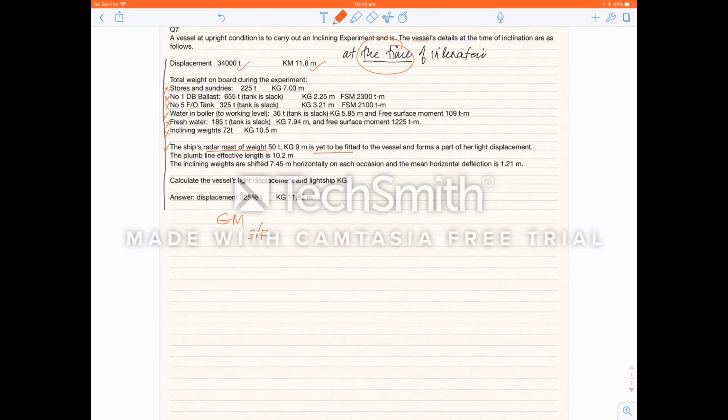We can see that there has been a slack tank here causing free surface moment, a slack tank here causing free surface moment, a slack tank here, and a slack tank here, which means that by the inclining test, what we would get is a GM fluid.